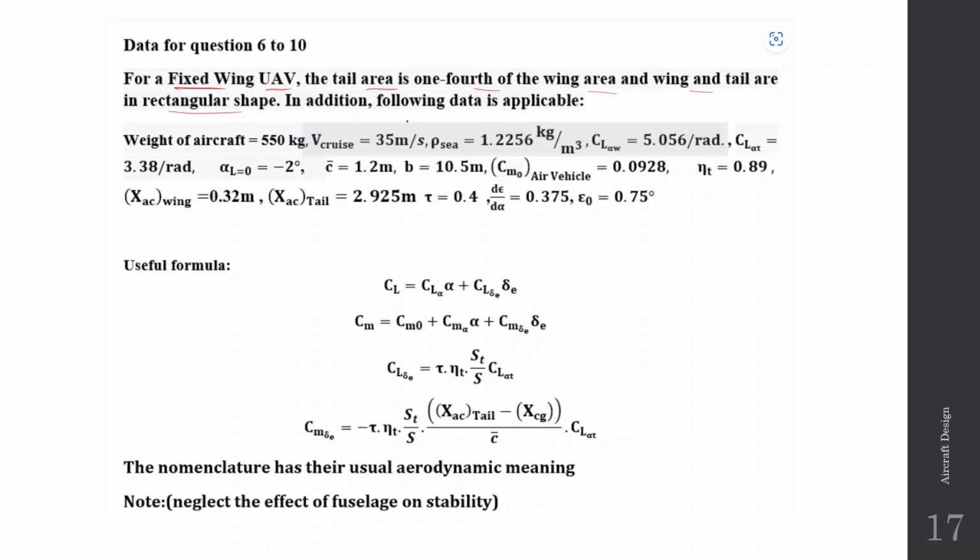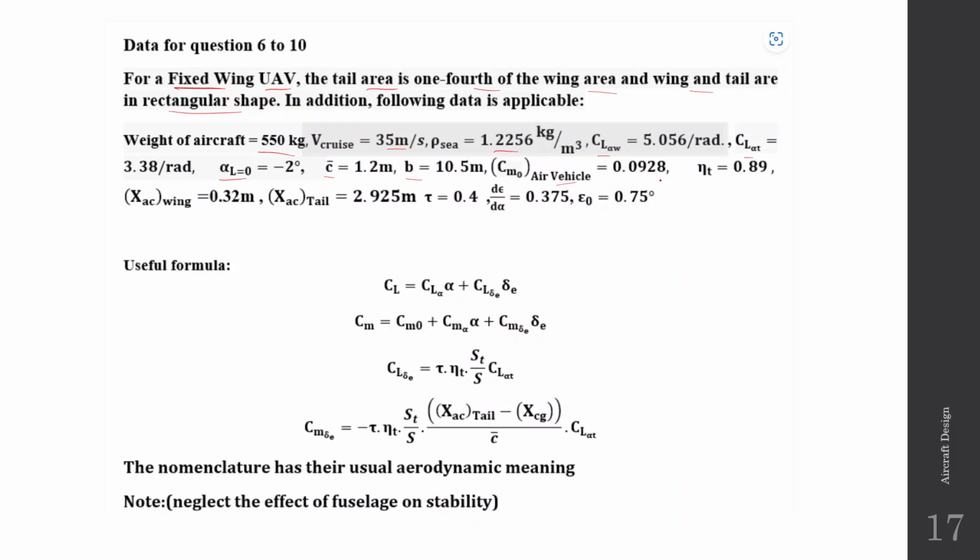The following data is applicable. The weight of the aircraft is 550 kg, the cruise velocity is 35 meters per second, the rho is 1.2256, this is sea level, and CL alpha wing is given, CL alpha tail is given, alpha at zero lift is given, chord length C bar is given, and the wingspan B of the wing is given.